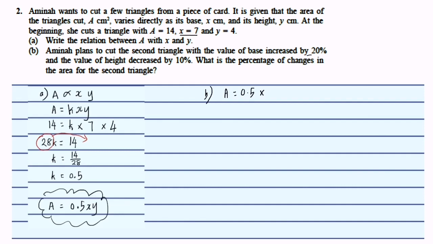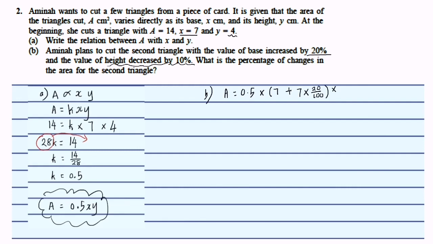Now increased by 20%. So 7 plus 7 times 20 over 100, times again the value of the height decreased by 10%.